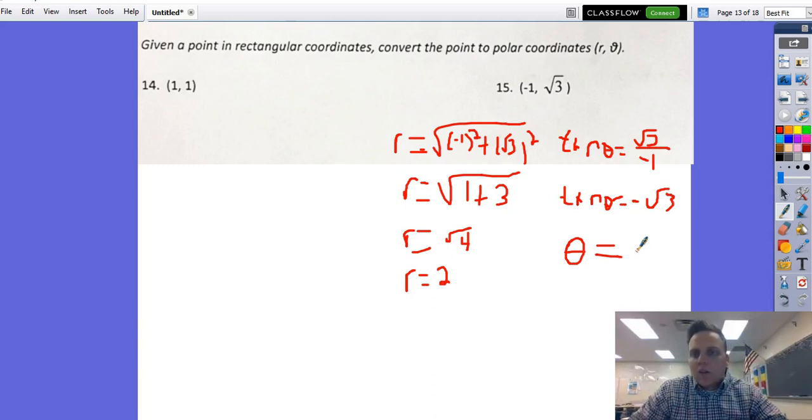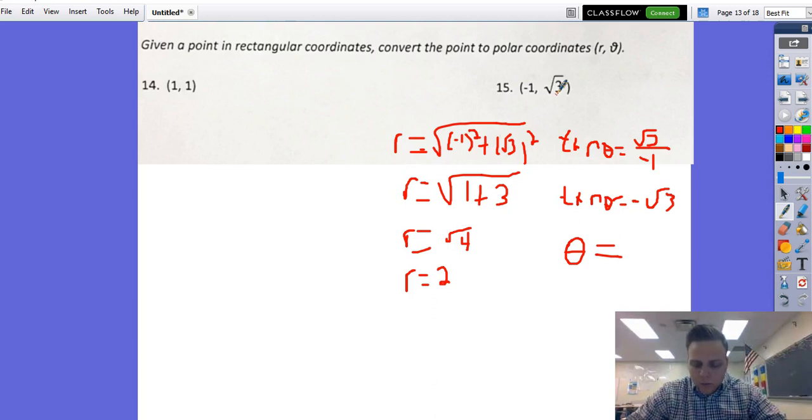So you have to ask yourself, which one do I want? Well, ask yourself, what quadrant is this point that we're working with in? -1 square root of 3. Take a moment, think. What quadrant does that fall in? X is negative, y is positive, quadrant 2. Okay? So then, I need the angle that falls in quadrant 2.